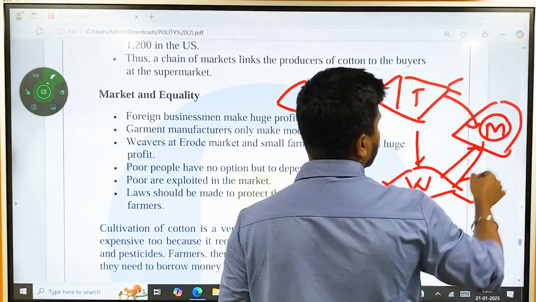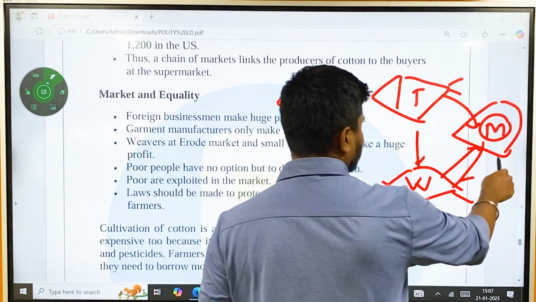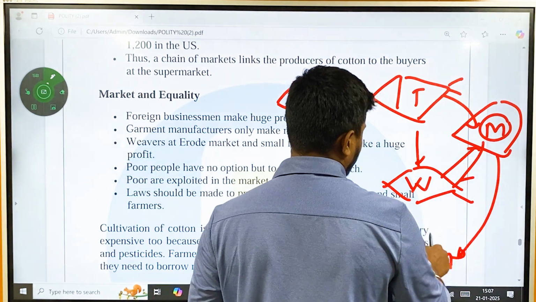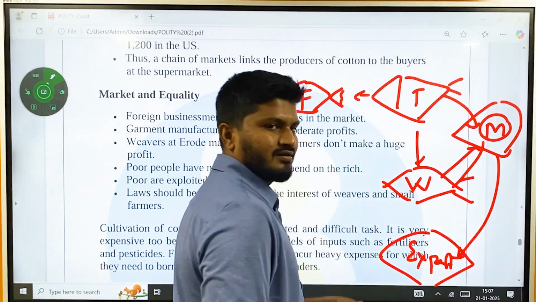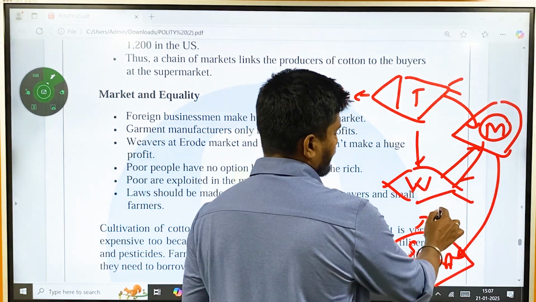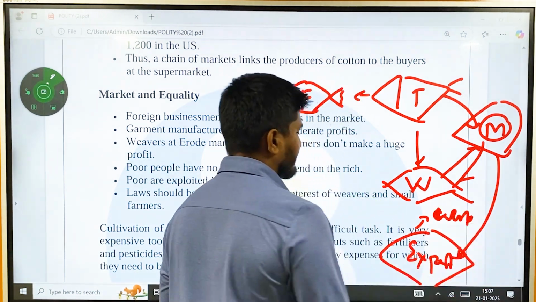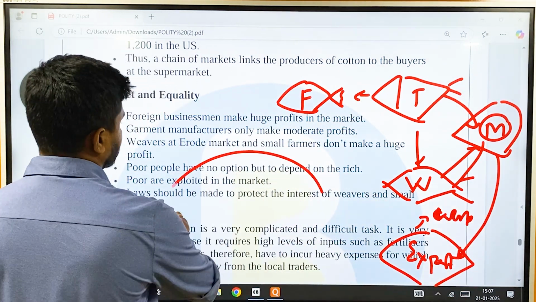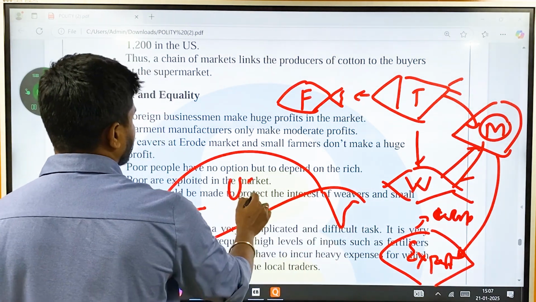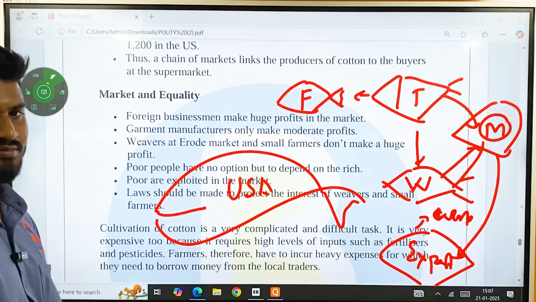The merchant is comparatively a bigger fish, and then this merchant is going to sell it to the export or garment industry, which is an even larger fish, who are going to exploit the smaller fishes in the name of workers there. Finally it reaches a bigger fish present in USA, as a larger market.